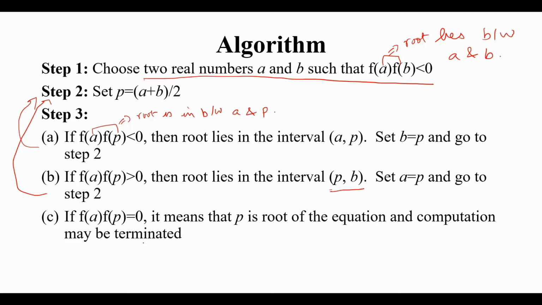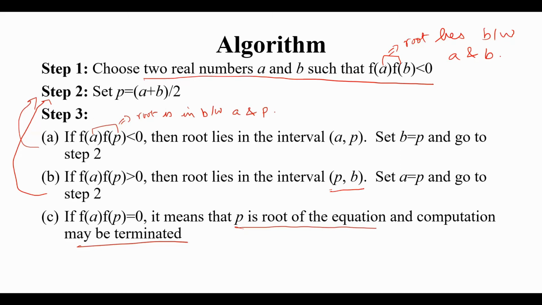Now luckily, if you find this p and the midpoint is actually the root, then f of p will be equal to 0. It means that p is a root of the equation, and then we can come out of the loop.